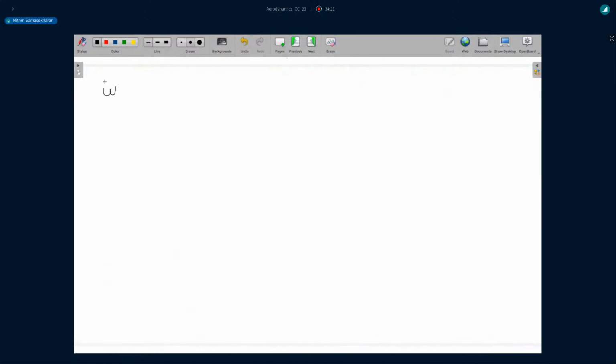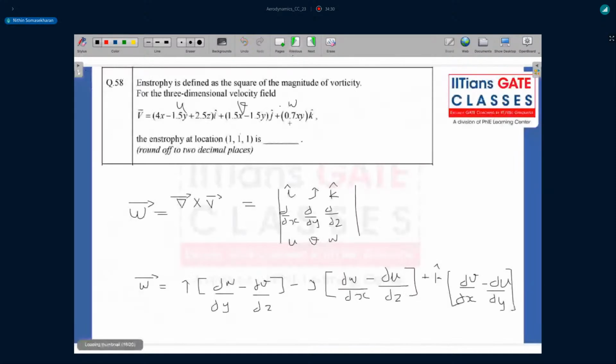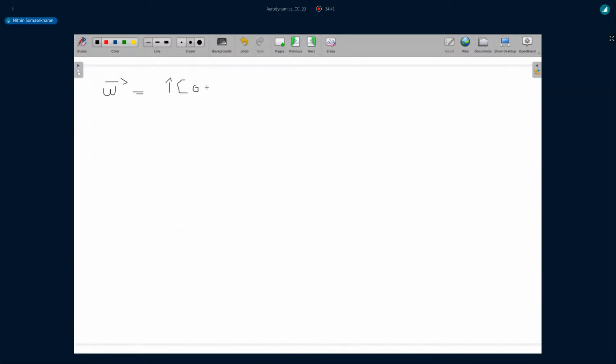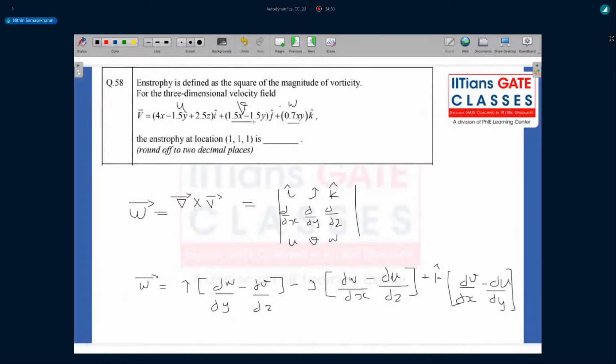So your omega is nothing but i cap times dou w by dou y, that is this term, which is the first term I'm looking for, minus 0.7x. If I differentiate with respect to y, I get minus 0.7x. Let me write that down here, minus 0.7x. Right. Next term is dou v by dou z. If I take v and differentiate with respect to z, it's 0, right?